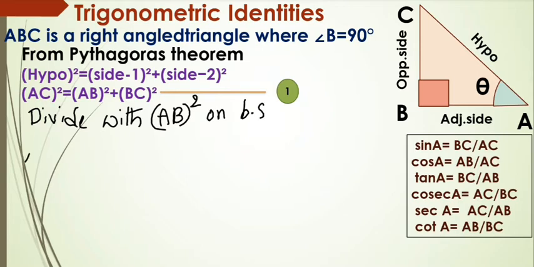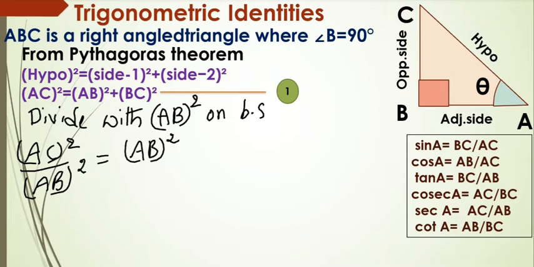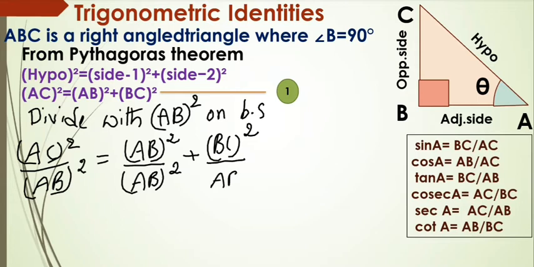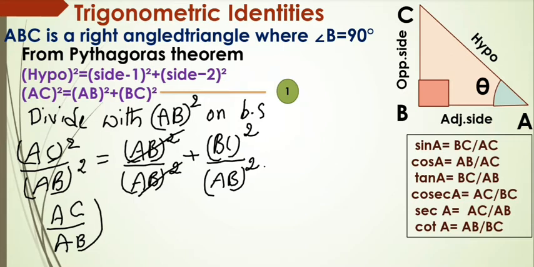Then observe that on the left side we have AC square by AB square, which is equal to AB square by AB square plus BC square by AB square. Observe that AB square by AB square will get cancelled, and AC square by AB square can be written as AC by AB whole square, which is equal to 1 plus BC by AB whole square.